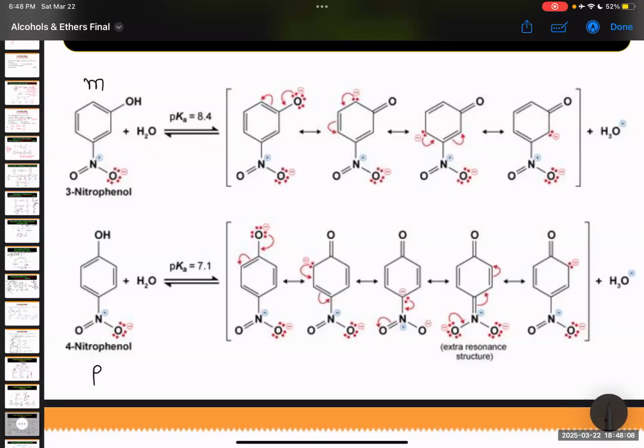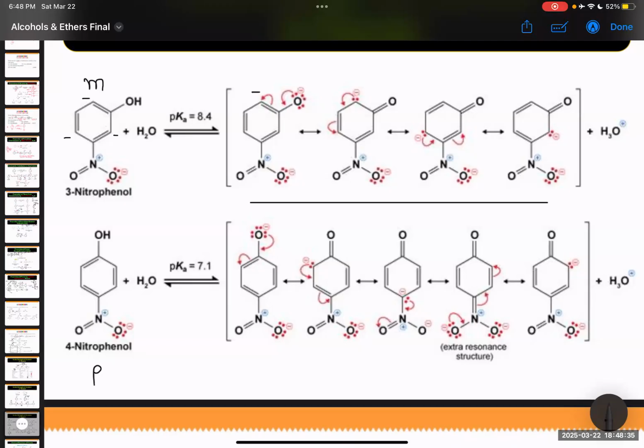Which one is going to be more acidic? No need to write these structures in detail because it is a time consuming process. What you can do is put the negative charge at ortho and para positions with respect to OH, or you can draw the complete structure.